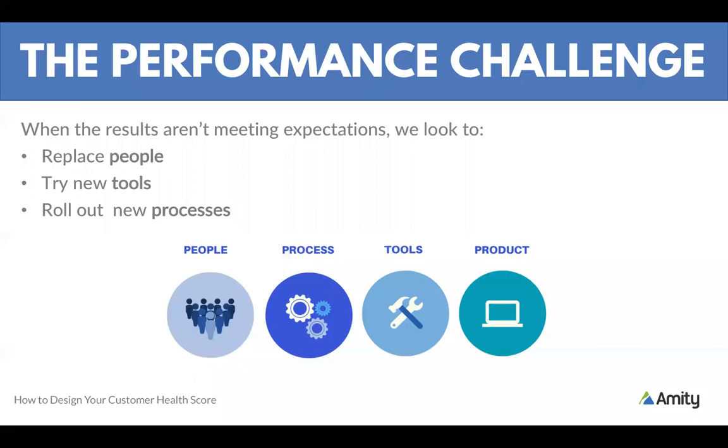We've seen companies replace a VP, that VP replaces all their team over time, and a year later they have exactly the same results. And then they do the same thing over again. So just replacing people typically doesn't work.